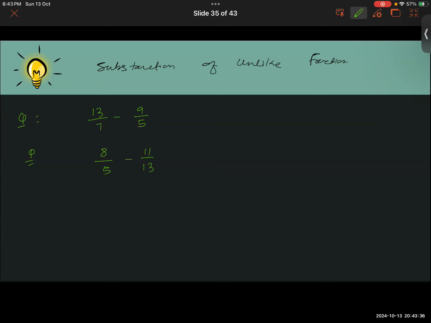Habib, what is the LCM you're getting for the first fraction? 35. Good.